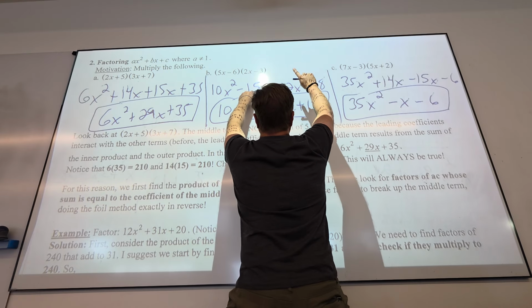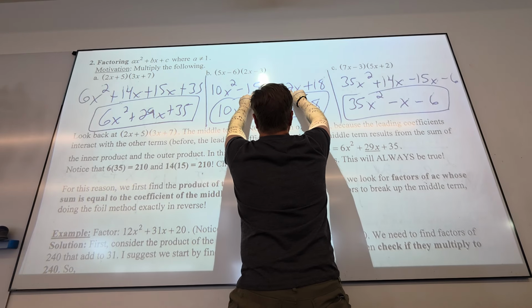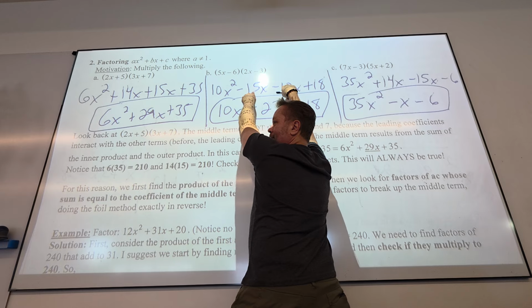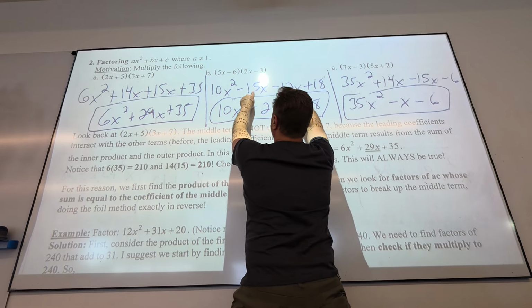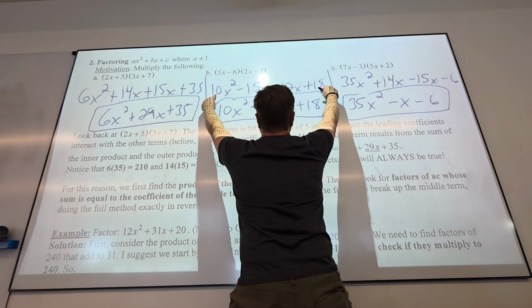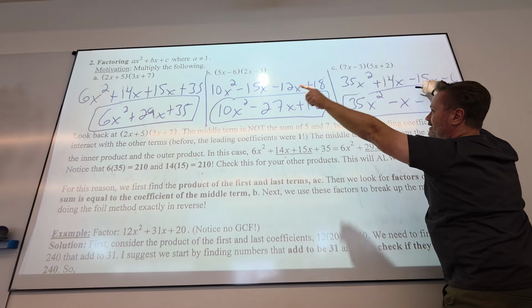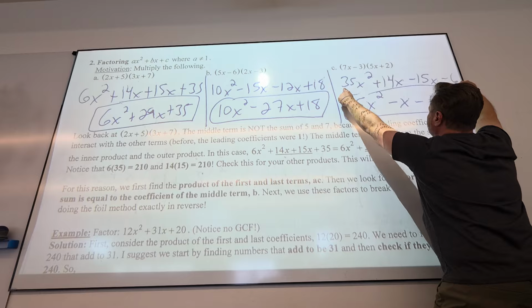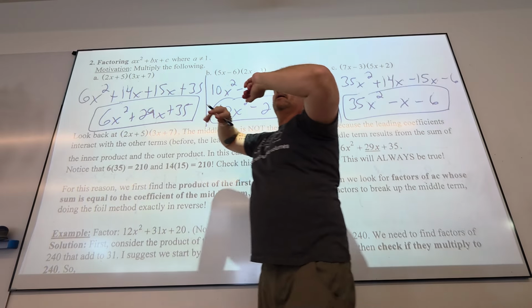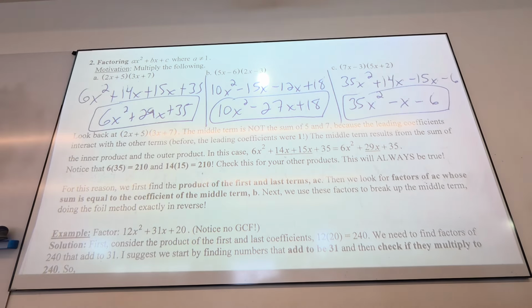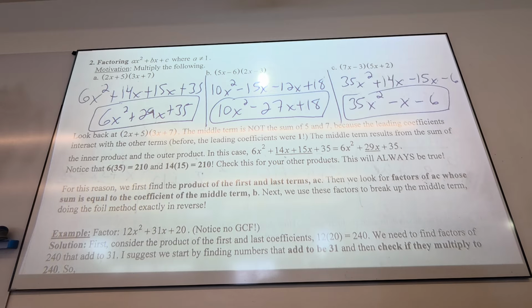What is 15 times 12? 180. And what's 10 times 18? 180. What is 14 times 15? 210. What is 35 times 6? 210. Okay. The first number screws everything up.